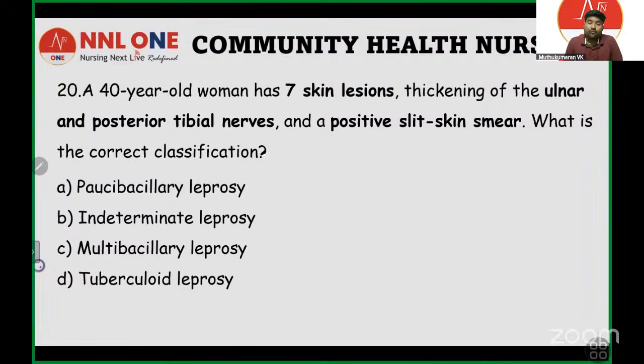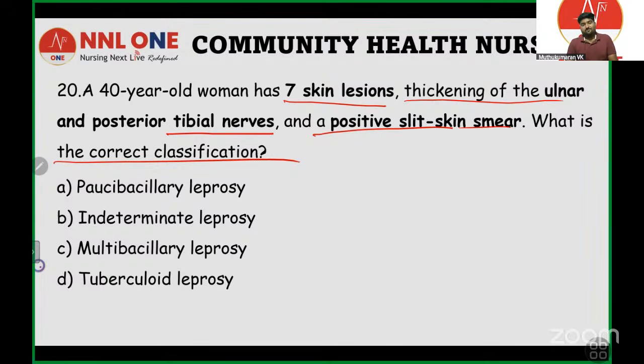A 40-year-old woman has 7 skin lesions, thickening of the ulnar and posterior tibial nerves, and a positive slit skin smear. What is the correct classification here?